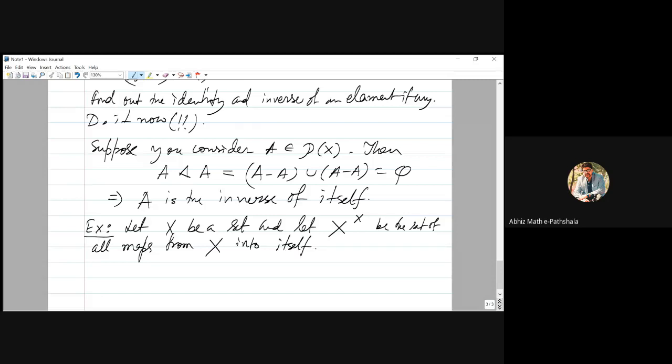Just consider the set of all mappings from X into itself. Then with respect to the composition of maps, we have already studied composition of mappings, right? Then the composition of mapping is a binary operation.